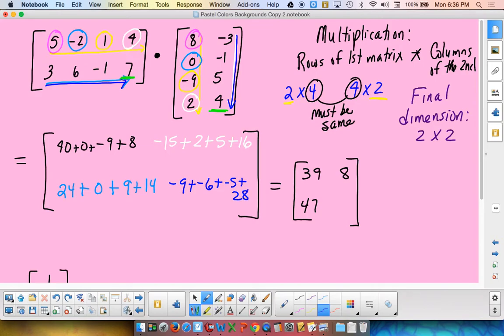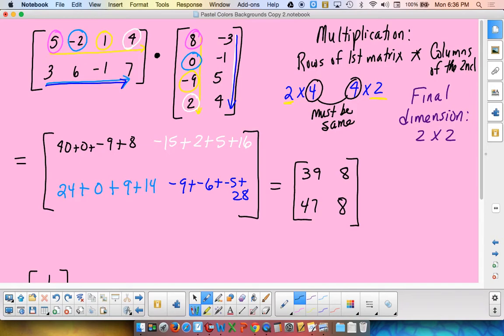Out of space there. And if I add all those together, that's negative 15, negative 20, plus 28 is going to give me a nice round 8 again. And there would be my final answer. And notice, yes, indeed, it is a 2 by 2.